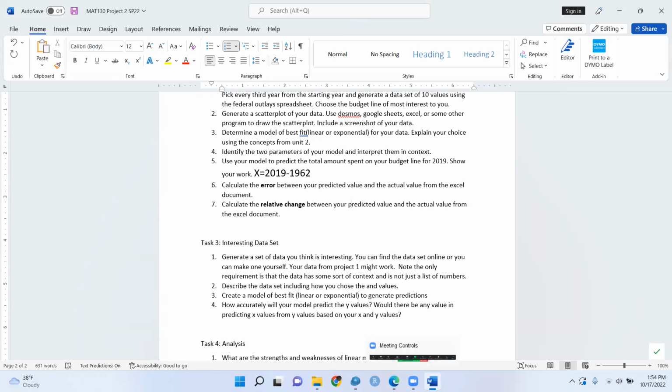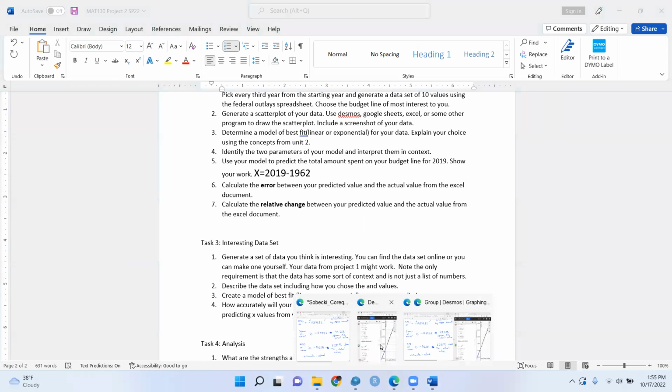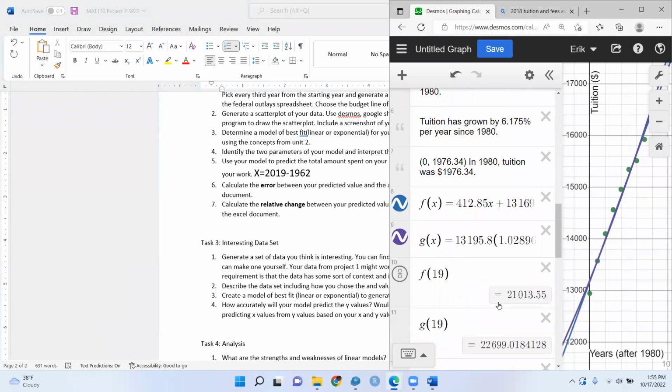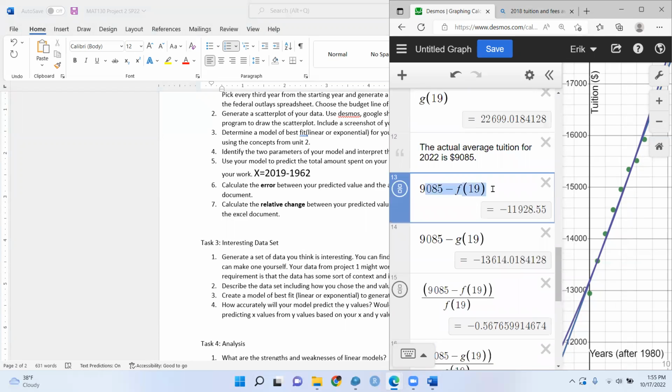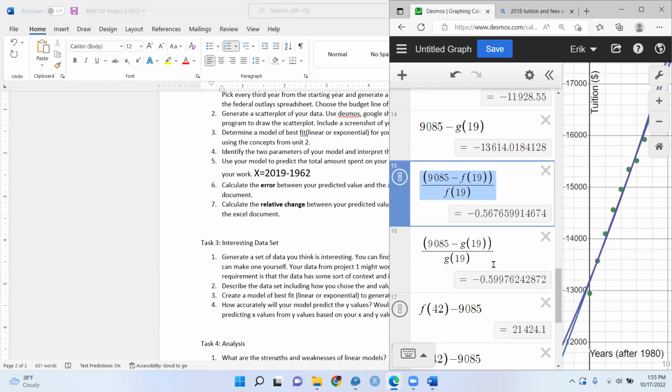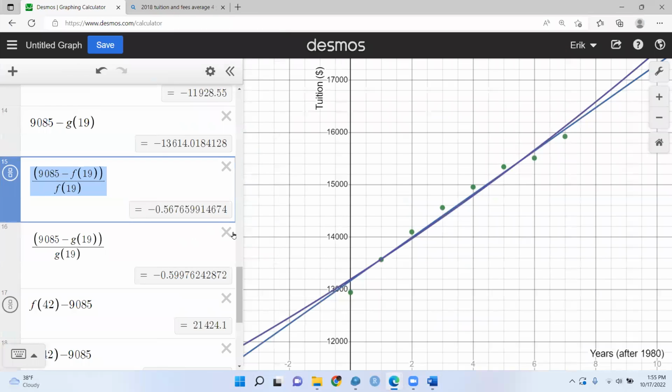And then do this relative error and relative change. And you can do it exactly how I set it up here, where you type in the function notation. This is the difference or the error, and then this is the relative. And showing your work, if you just give me this Desmos file, that is your work.